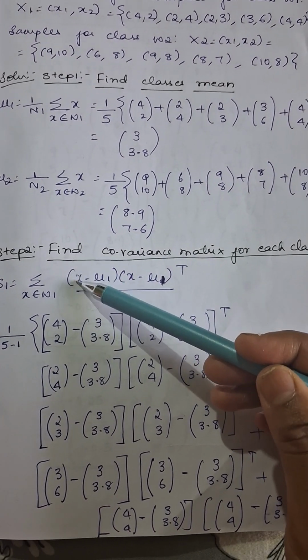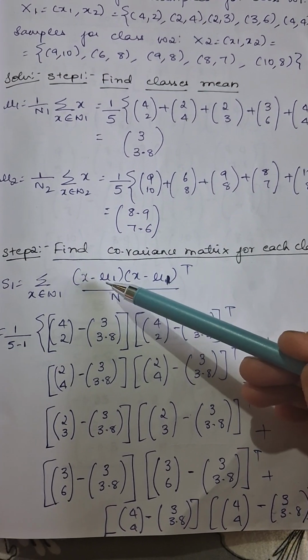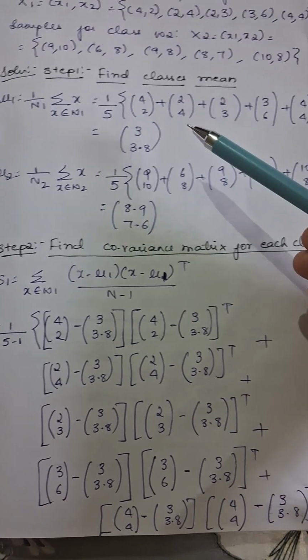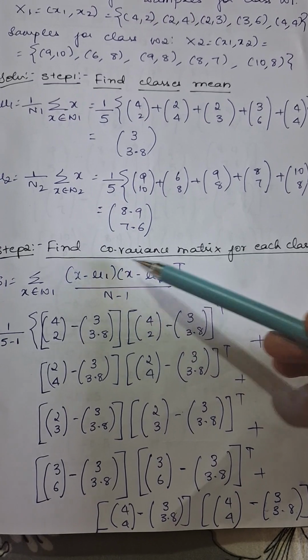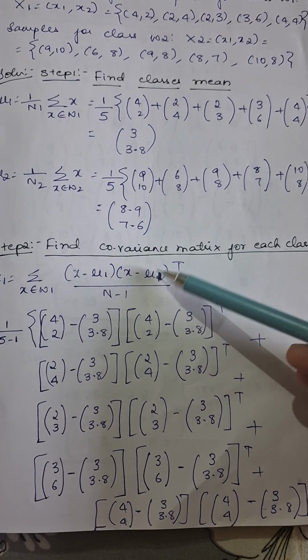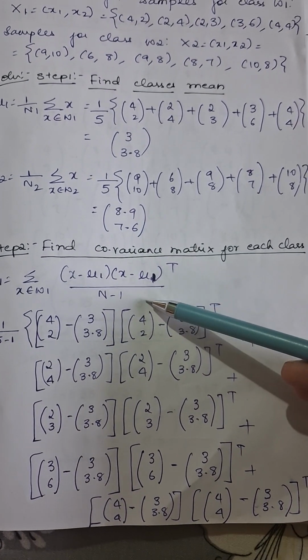So take the data points of class W1, subtract the class mean mu1, multiply by the same product x minus mu1 transposed, divided by n minus 1.